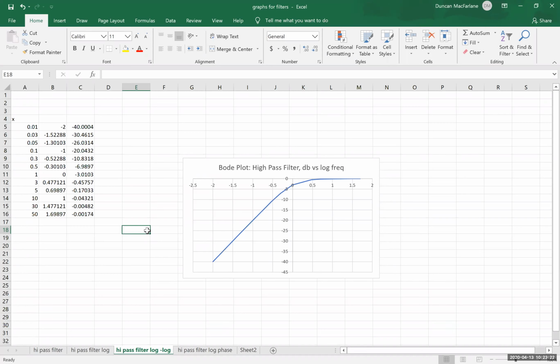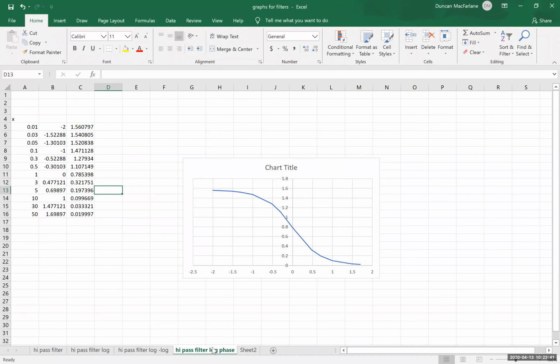Now, this is the magnitude, and we can plot the phase as well. Please notice this roll-off from rejection of frequency components to pass of frequency components, low to high. It's a high-pass filter. Look at what's happening in the frequency response. I flip from, here's my plot of arctangent of 1 over x, 1 over omega RC.